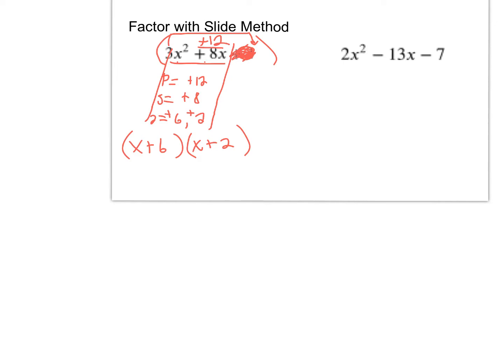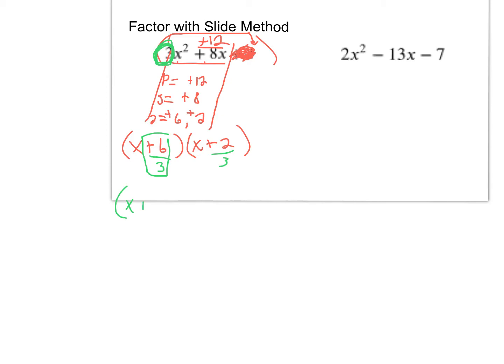But now, here's the catch of the whole slide method. We have a rhyme that says, since you did the slide, you have to divide. And we're going to divide by the lead coefficient. What started it all is the 3 out in front. So you're going to divide both pieces by the 3's and see if you can reduce it. Okay, in this case, 6 over 3 can reduce to 2 over 1, or just 2.